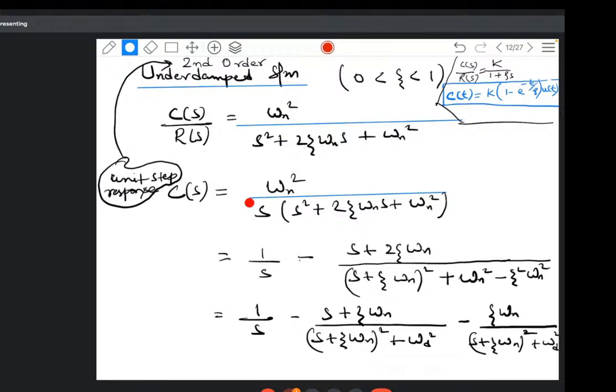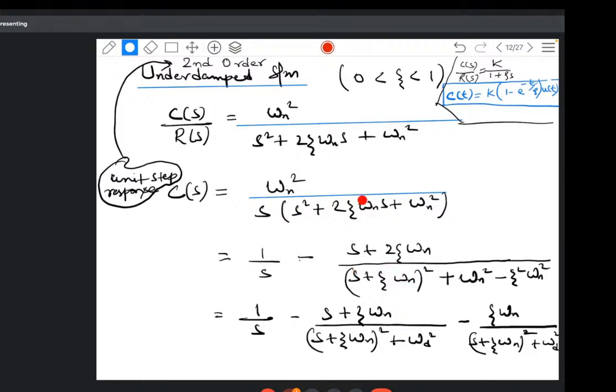Now I will take partial fractions. I hope there is no need to explain how I have taken the partial fractions. This is 1 by s, and you have to do some manipulation here. So 1 by s minus this part, which I am writing as s plus zeta omega n whole square. This will come as s square plus zeta square omega n square plus 2 zeta omega n s.